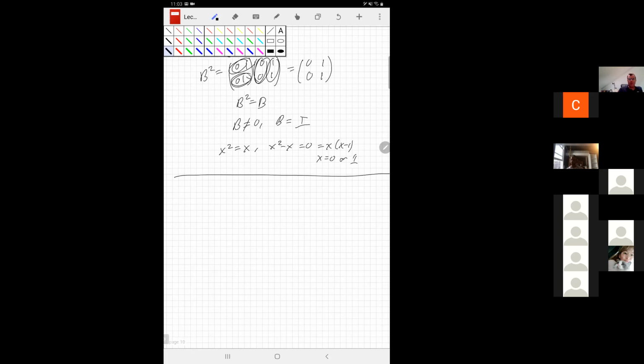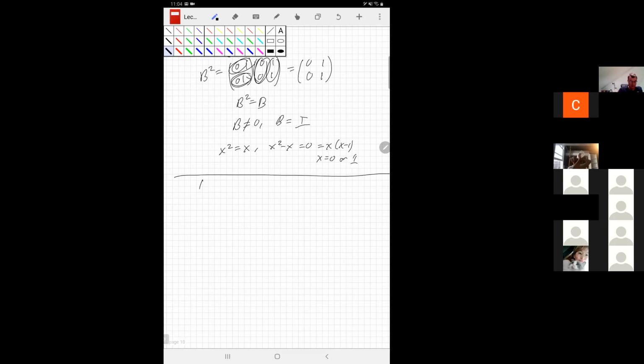Well, I said to you that matrices don't always commute, but sometimes they do. Here's a pair of matrices: [1/2, √3/2; −√3/2, 1/2] multiplied by [1/2, −√3/2; √3/2, 1/2]. 1/2 times 1/2 is 1/4. √3 over 2 times √3 over 2 is 3/4.